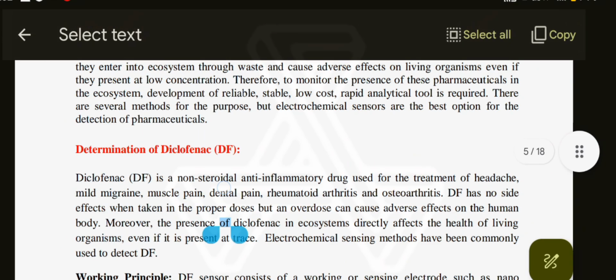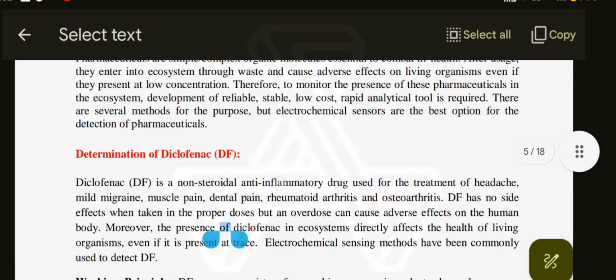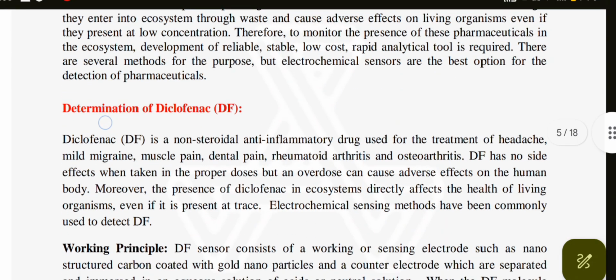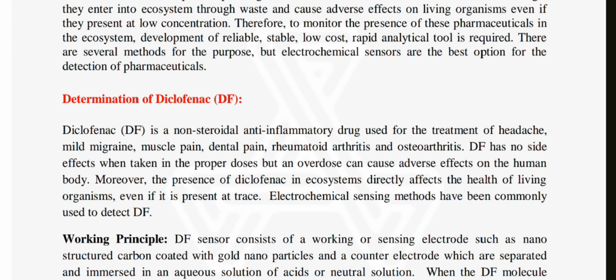Therefore, to monitor the presence of these pharmaceuticals in the ecosystem, development of a reliable, stable, low cost, rapid analytical tool is required. There are several methods for the purpose, but electrochemical sensors are the best option for the detection of pharmaceuticals.